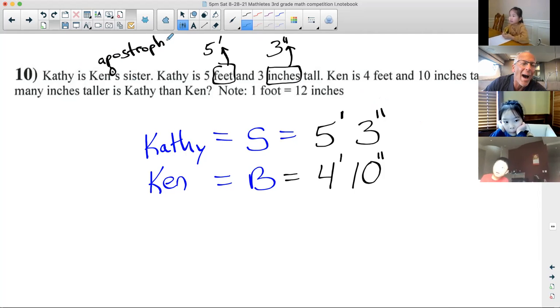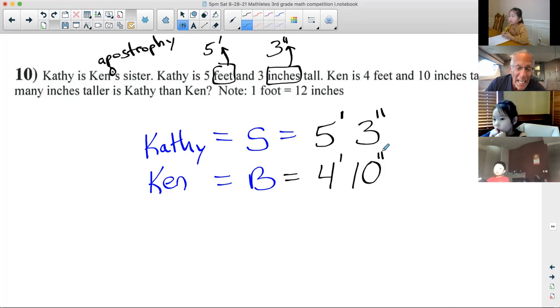That apostrophe is called the possessive. It refers to Ken's sister. Kathy is the sister of Ken. So that apostrophe doesn't mean feet. It is part of our grammar in English. English is a very strange language, not very easy to learn. There are a lot easier languages than English, just so you know.